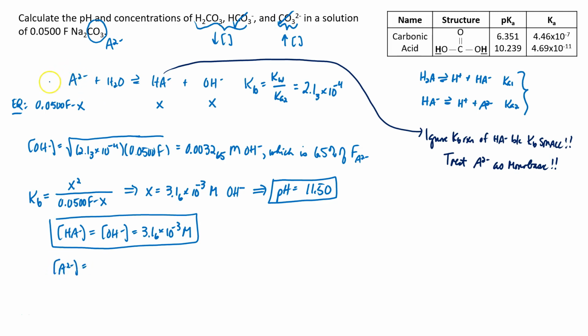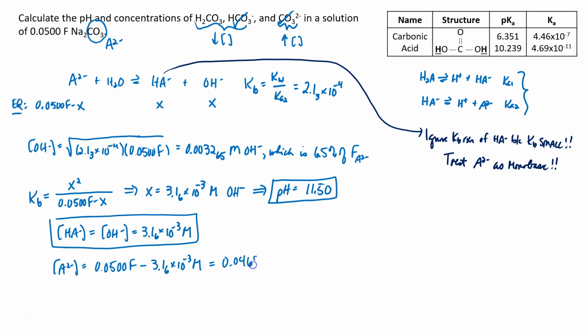A-2 would be this formal concentration minus x, so that would be 0.0500 formal minus 3.16 times 10 to the negative third molar, and I got 0.0468 molar for A-2. And notice how close that concentration is to the formal concentration. This is making sense. The only one left is the fully protonated form, which should have a low concentration.